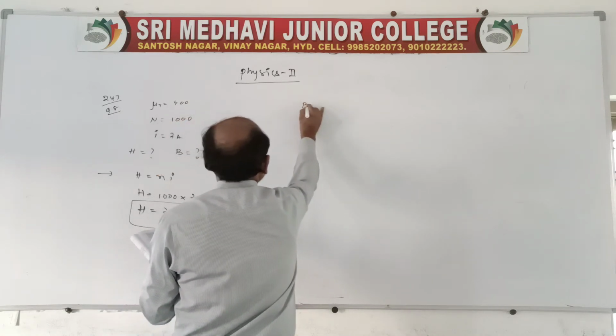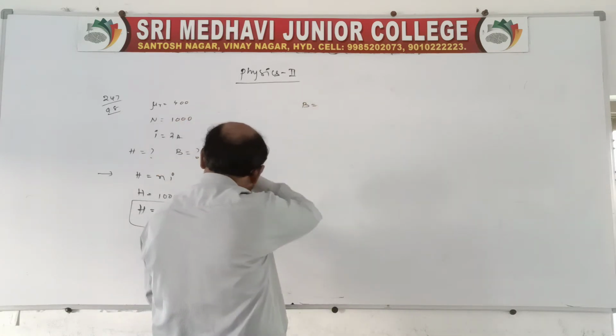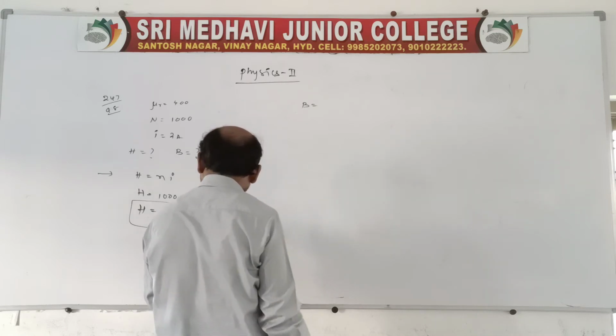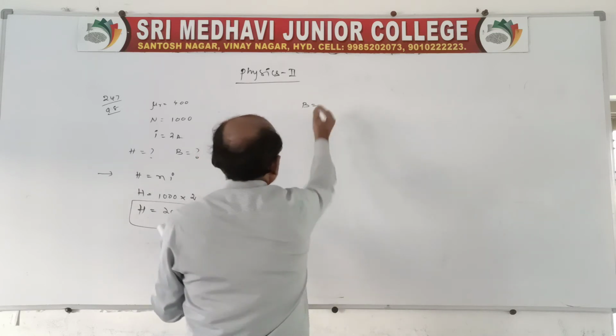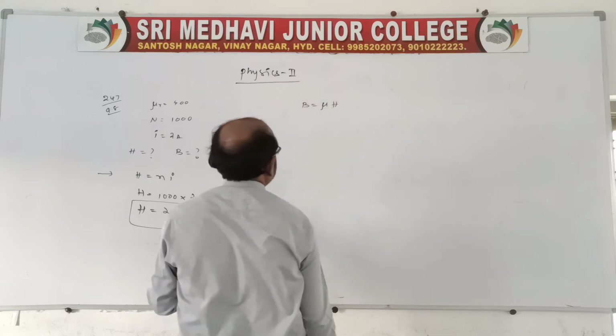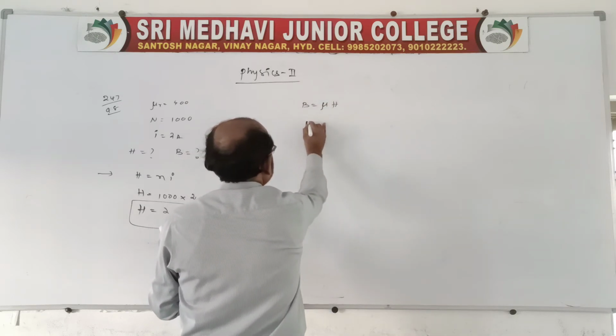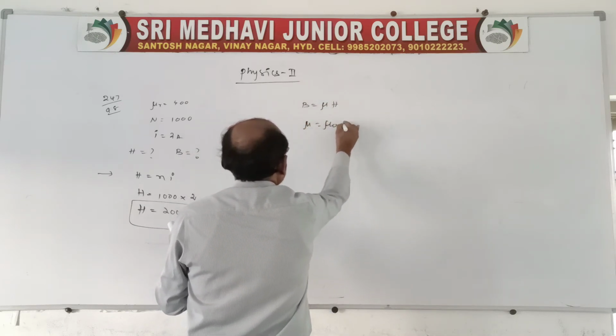You take B is equal to mu naught into mu r, because we know that in a medium, mu is equal to mu naught into mu r.